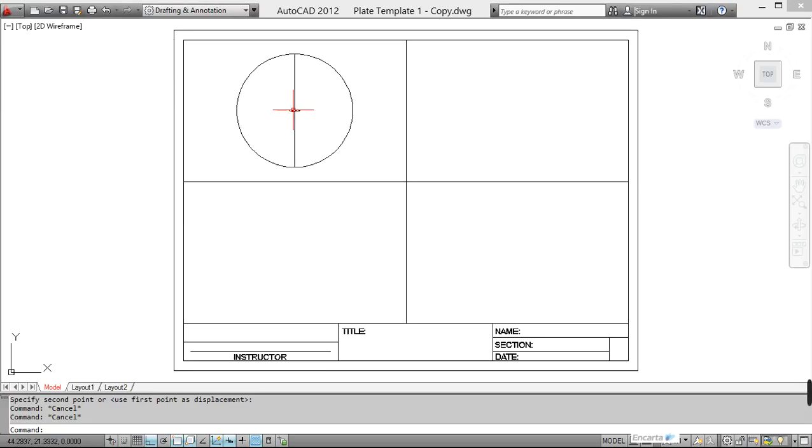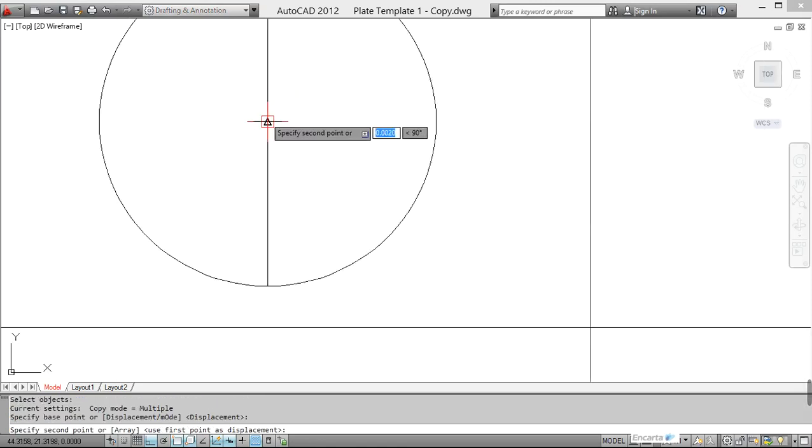So you can copy this. Then 3 divided by 16.